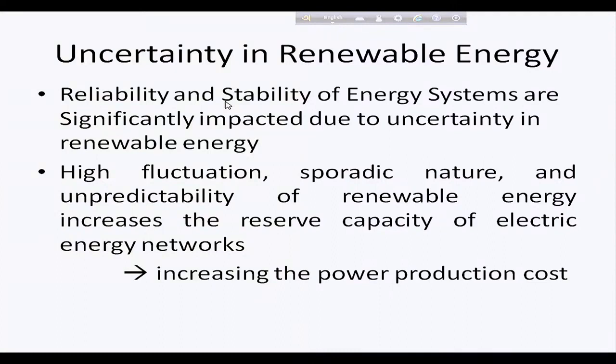The point is that if the forecasting can be done accurately, particularly short-term forecasting in a short time, then the power grid operator can operate the grid in a proper way, and that can minimize the production cost also.